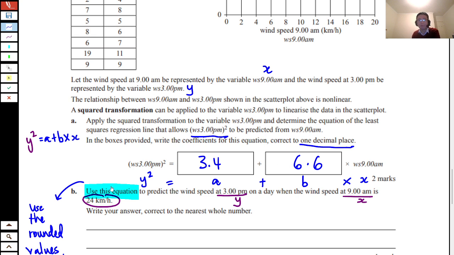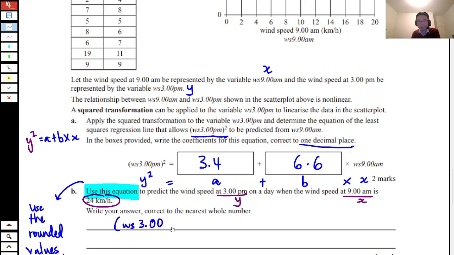In an assessment, we'll be clear on what we want you to do. But if you're not told, my suggestion is use the unrounded values, and in your working, show that you have used those unrounded values by writing a few more digits and writing 3 dots at the end of your number to indicate the number keeps on going.